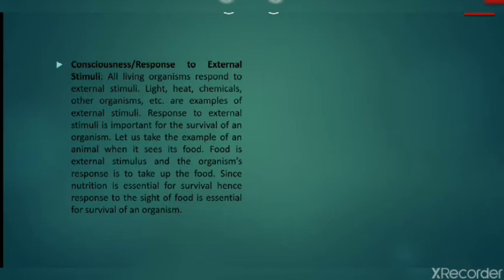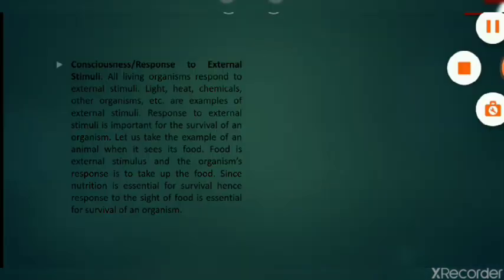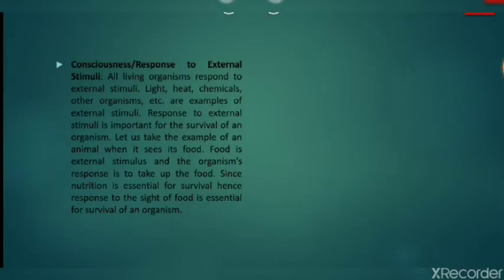For example, plants respond to external factors like light, water, temperature, and other organisms. Animals also respond according to changes in environmental conditions. Human beings are considered the only organisms who are aware of themselves. That is, they have self-consciousness. Therefore, consciousness is considered as the defining property of all living organisms.